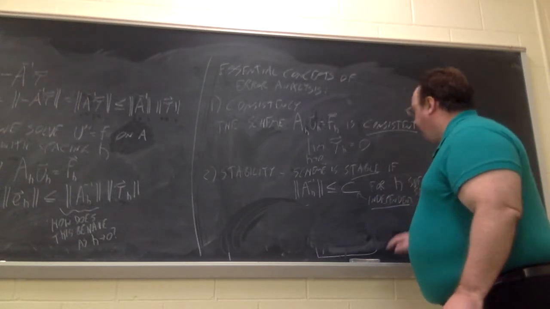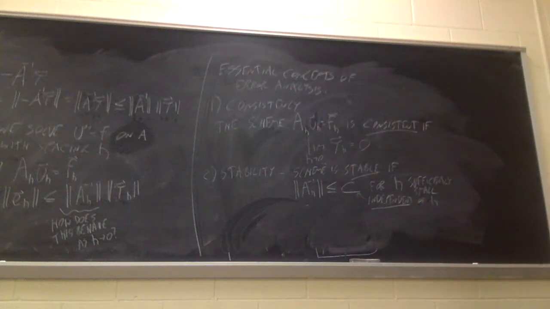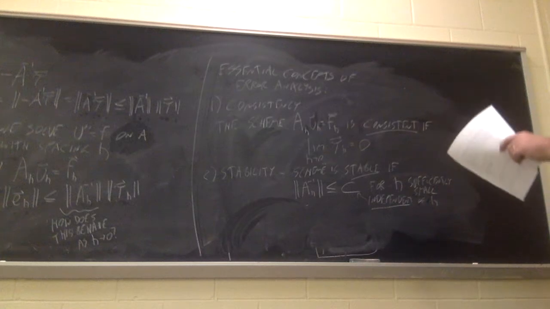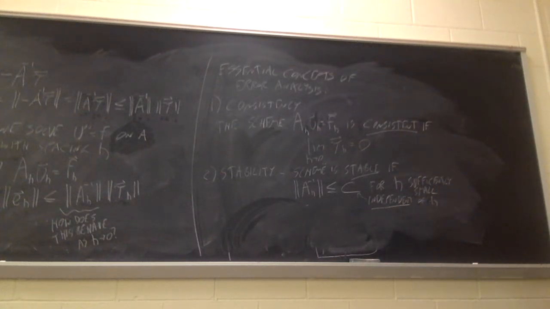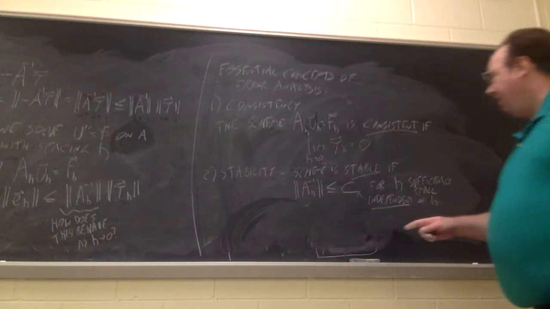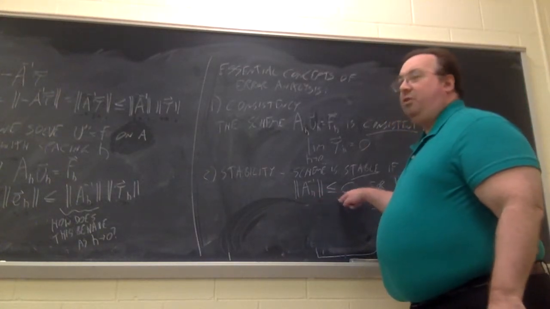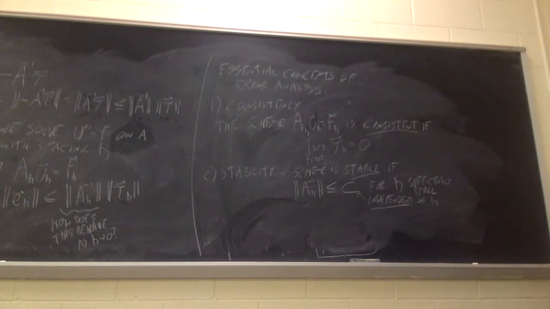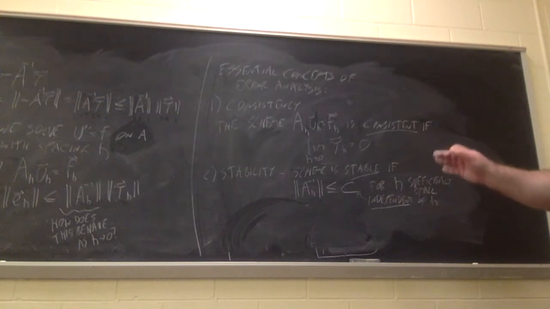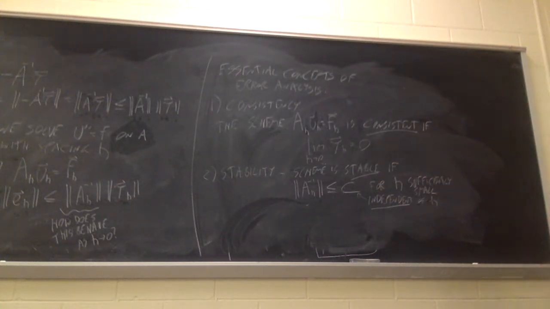It's some fixed constant that bounds the magnitude of A_h inverse. Another way of saying this is the norm of the inverse is uniformly bounded. It doesn't have to apply for all h, just h sufficiently close to 0.